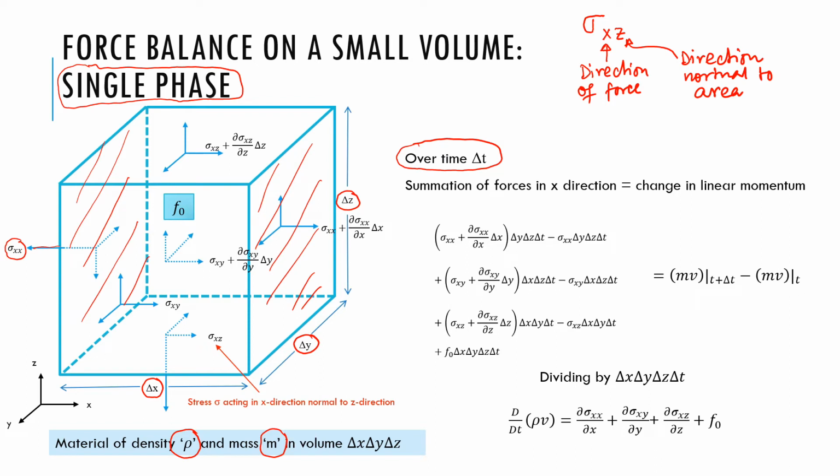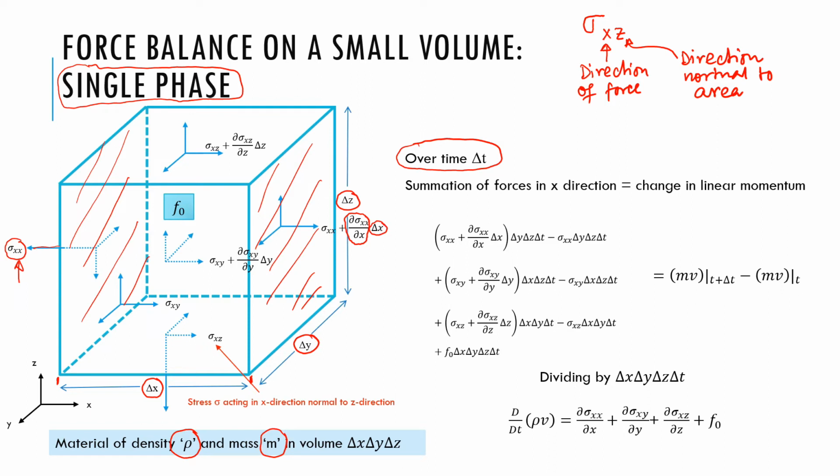Notice that if sigma xx is the stress here, then on this face, delta x apart, it's not going to be the same in general. So in general, we can write this on this face as the rate at which things are changing, that's del sigma xx del x times delta x.